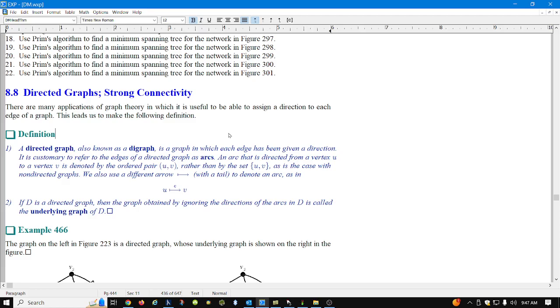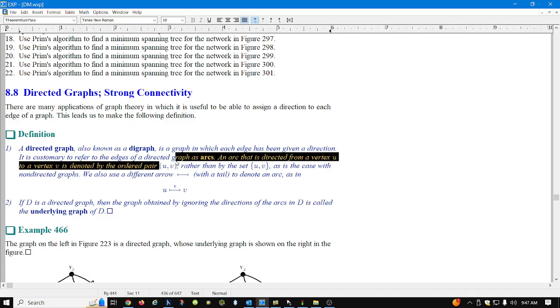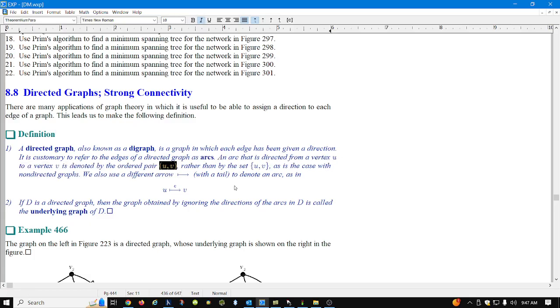And an arc that's directed from a vertex U to a vertex V will be denoted by an ordered pair, UV, rather than the set notation we've used for edges in the past. And also I'm going to use this arrow with this little doohickey on the tail to denote an arc from U to V.